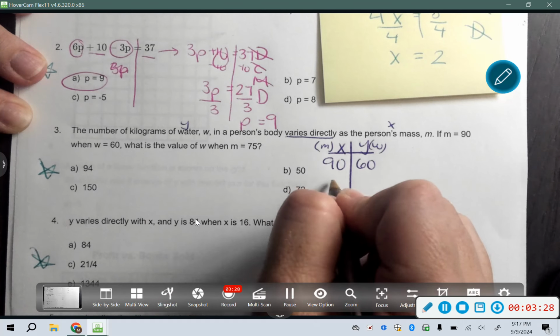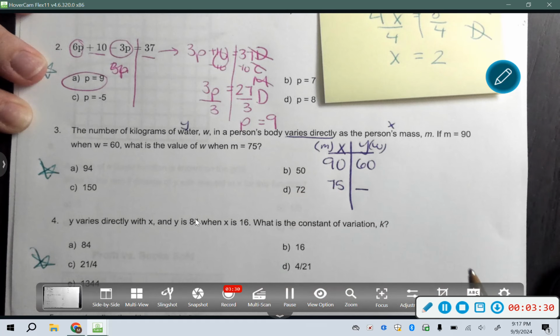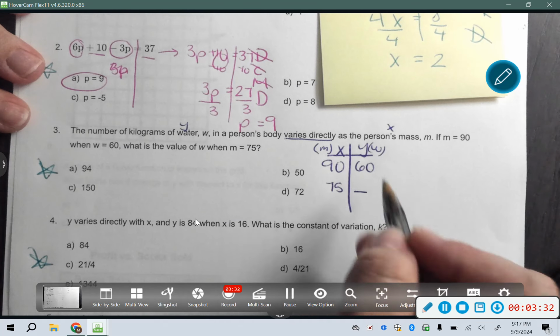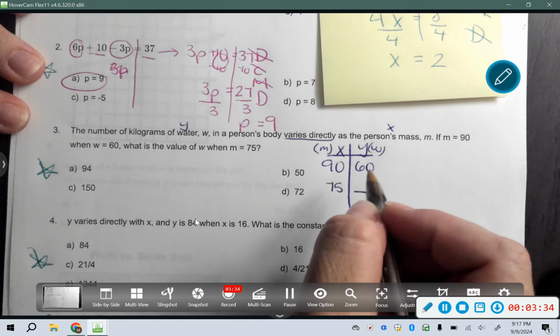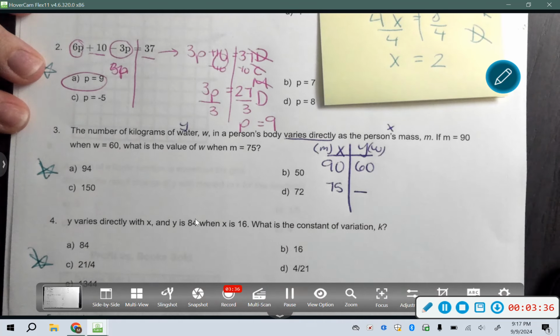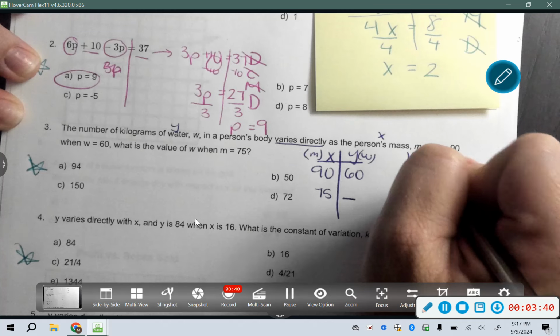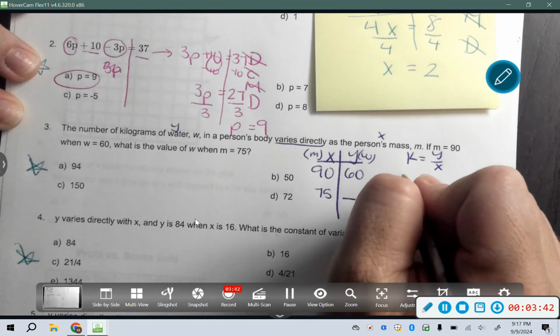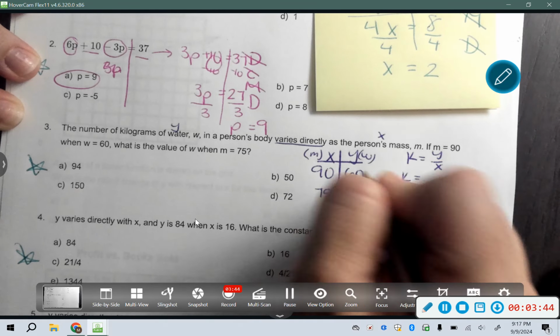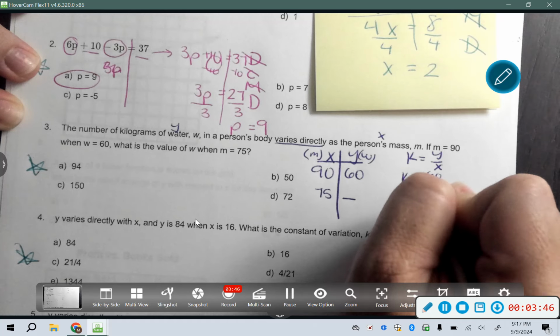So when M equals 75. First things first, I don't have enough to use my calculator anyway here, but I have to find K. Anytime I see the word varies directly, I have to find K. And we need to remember that K equals Y divided by X. So I know that K equals 60 divided by 90.